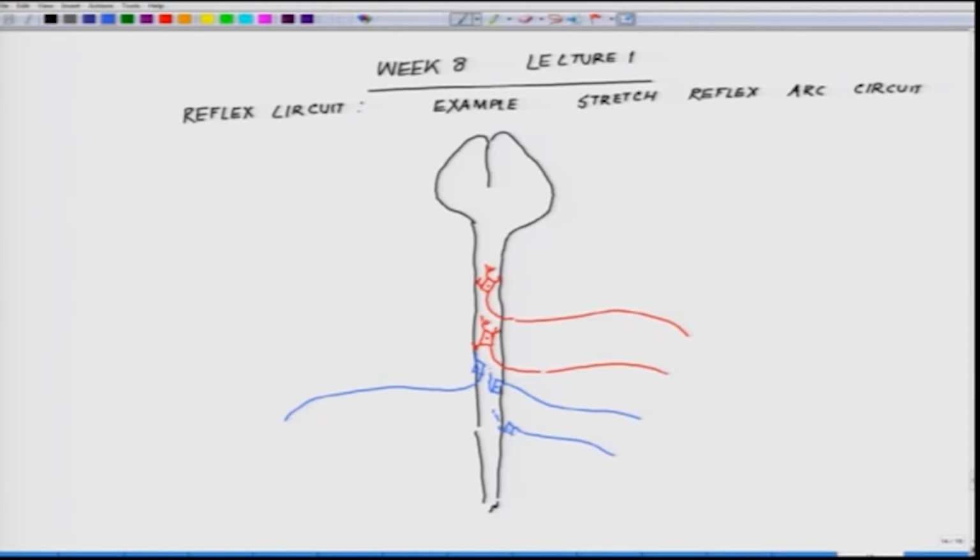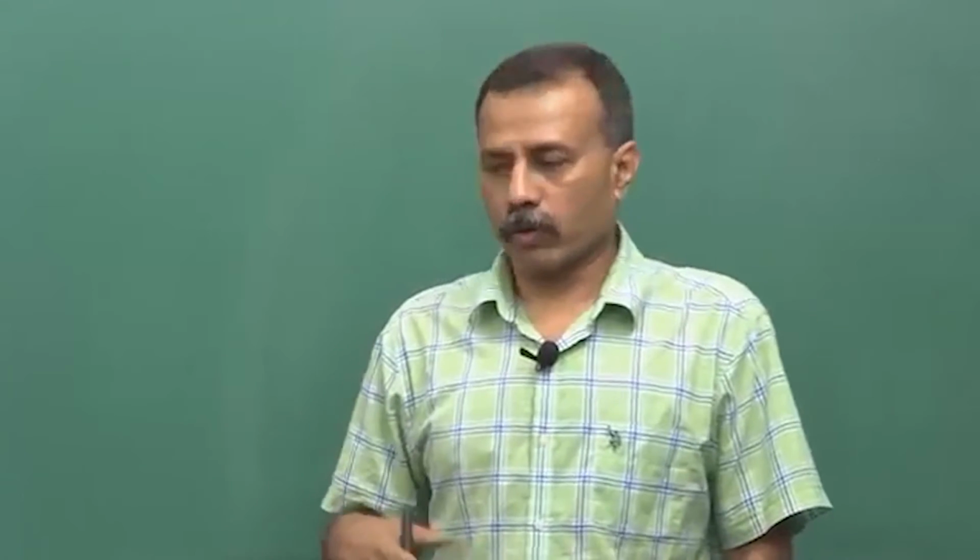Okay. So now you have a sensor element which is sitting here. Sensor element senses some external stimulus. Here is a stimulus. By the way, this stimulus can be from inside the body also, can be outside also.